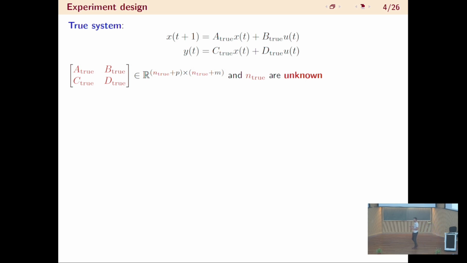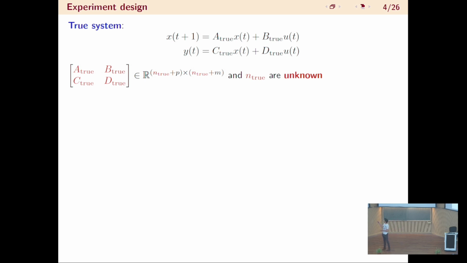Well, we're going to consider input, state, output systems. U, again, is the input, X is the state, Y is the output. We have n true states, so X of t is a vector in R^n true, m inputs and p outputs. As before the break, we're going to assume that the state space dimension of this true system is unknown.